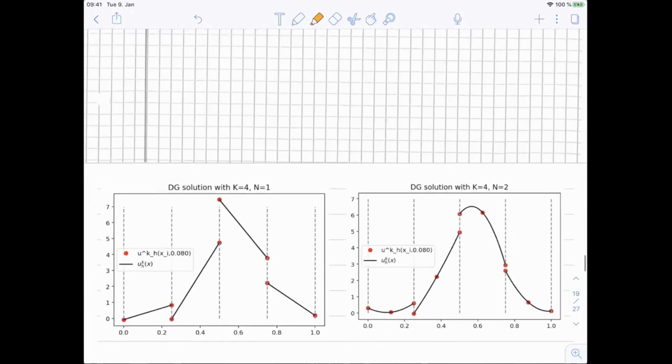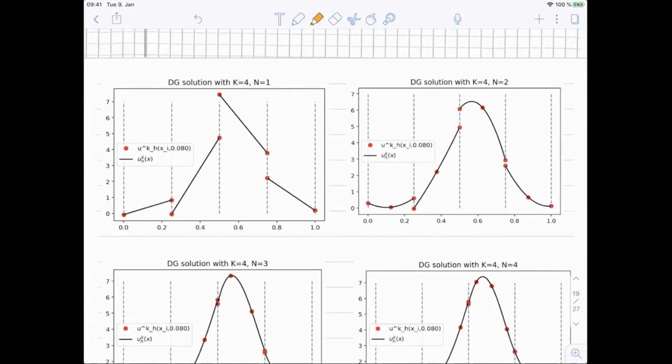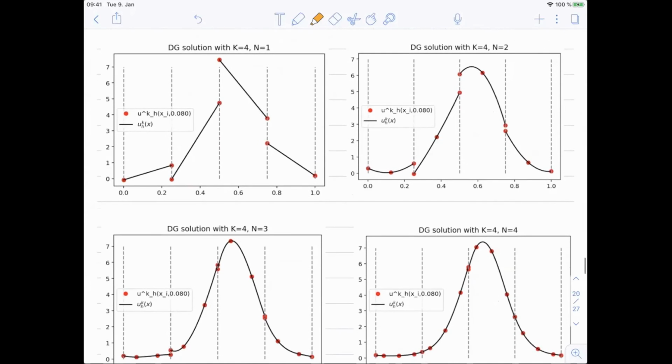Here's one example for our traveling wave solution. This is how such a solution would look if I have 4 elements. My x-axis goes from 0 to 1. It's split into 4 pieces, no big surprise. And in the first panel, in each element, I only expand in linear order basis functions.